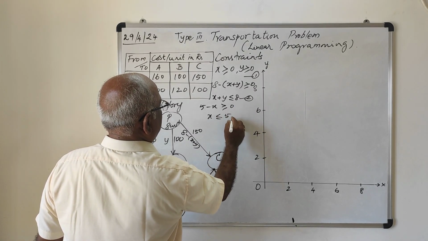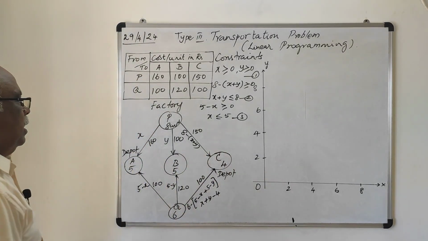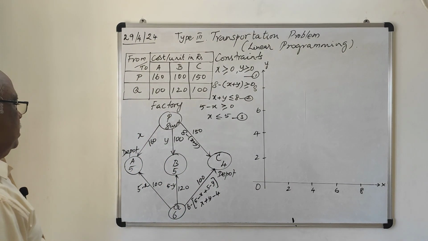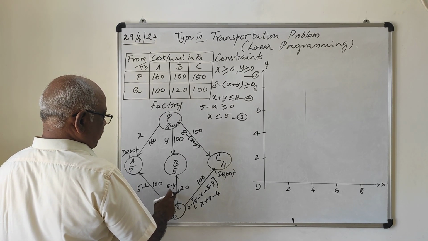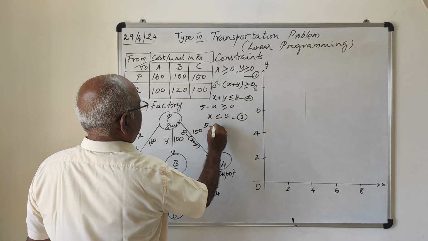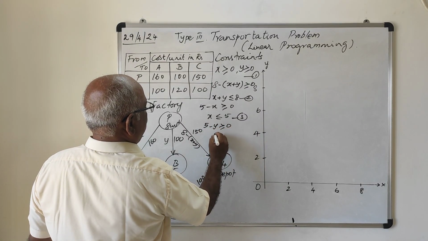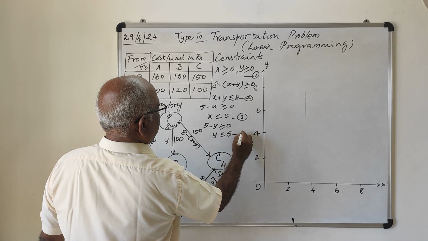This is constraint 3. And 5 minus y is the commodity transported from the factory Q to the depot B. Therefore, 5 minus y is greater than or equal to 0, so y is less than or equal to 5. This is constraint 4.